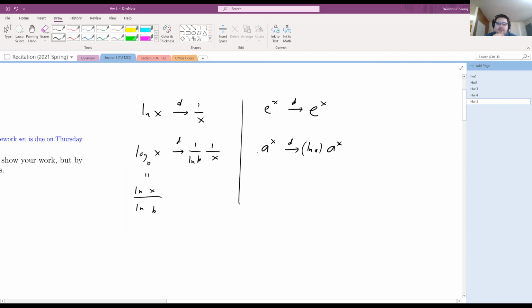You'll notice that these two derivative rules are more general versions of the other rules, because you should remember that ln of e is equal to 1. So that's how these more general formulas will simplify.